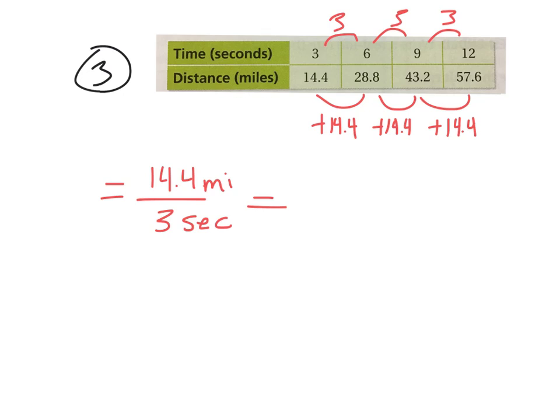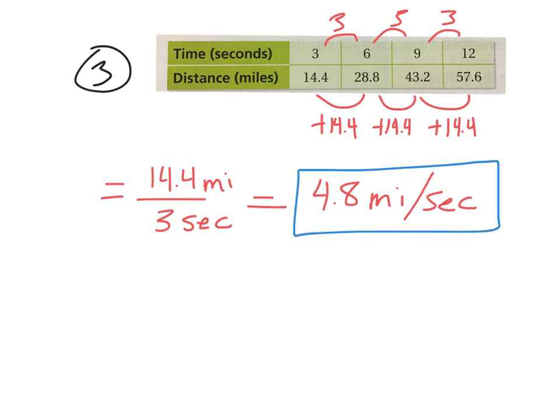It's a race. Who's going to do it? 4.8. And then we have to label that. What would it be? 4.8 miles per second. Very good. Awesome. Any questions? Not too bad, right?